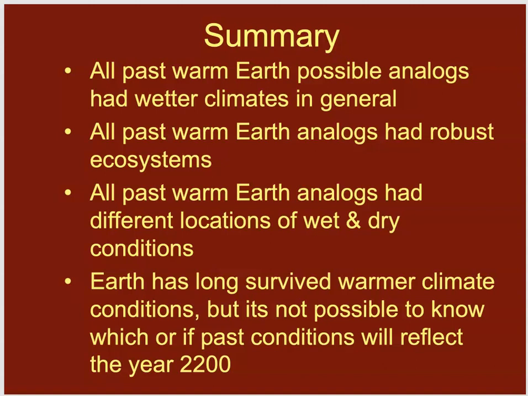All past warm Earth analogs had robust ecosystems. The ecosystems didn't collapse. All past warm Earth analogs had very different locations of wet and dry. So every time you roll the die and you change the climate, there are different winners and losers generally.